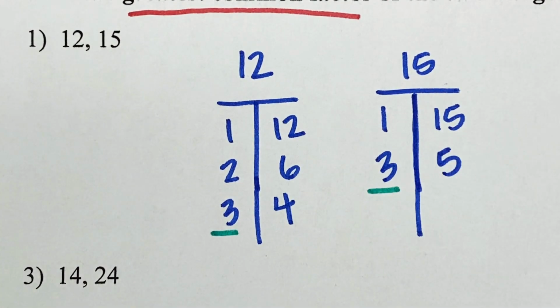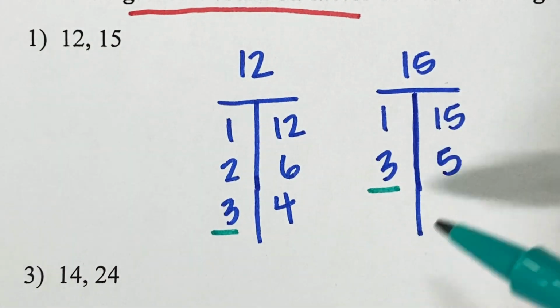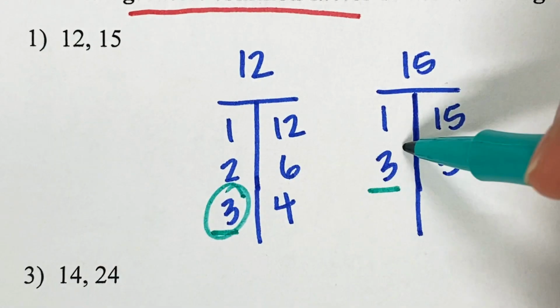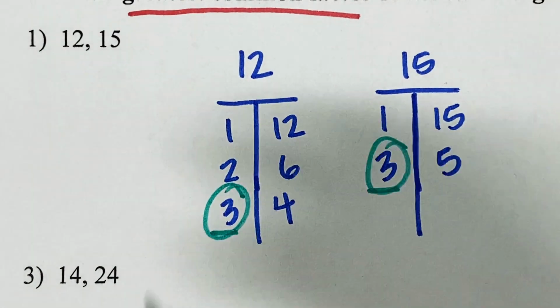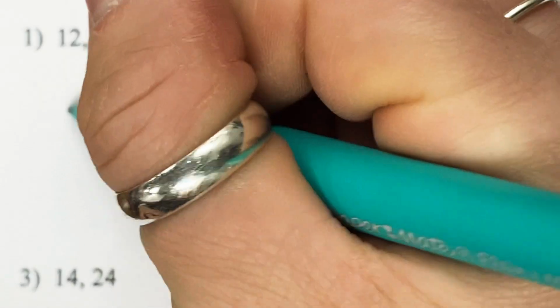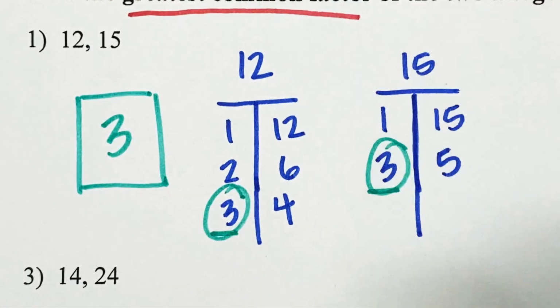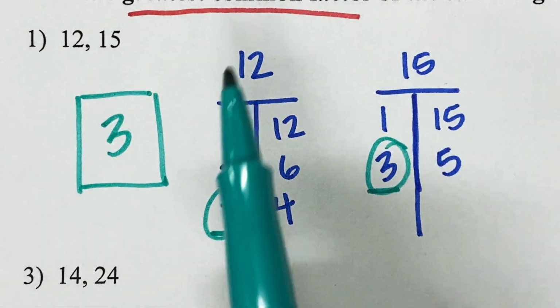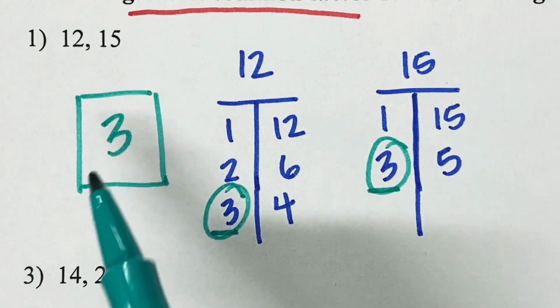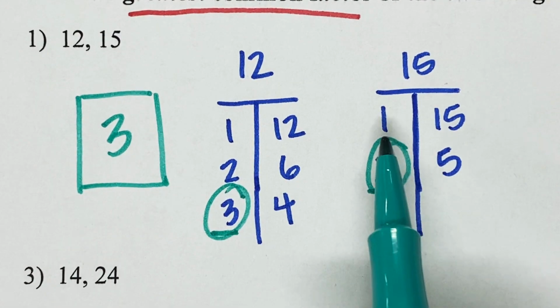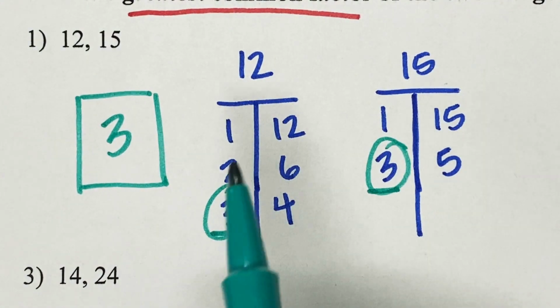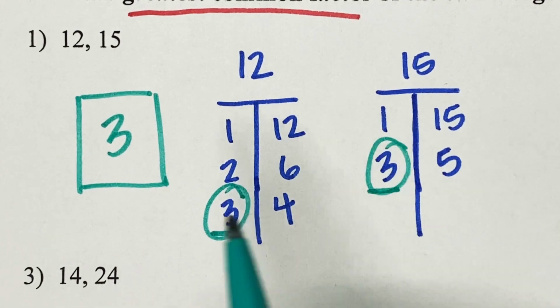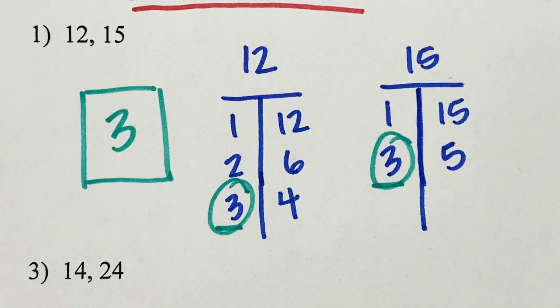And 12 and 15, they obviously don't share. So 3 is the biggest number that they both have on their list. So our greatest common factor for 12 and 15 is 3. We could have said 1, but is that the greatest common factor? Is it the biggest number? No, we always want the greatest, the biggest one.